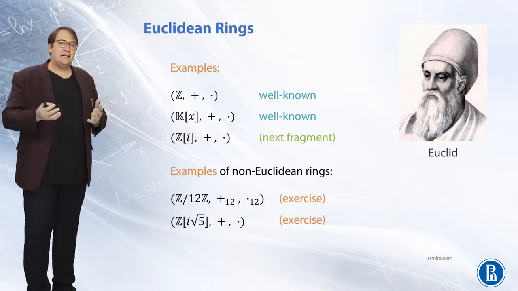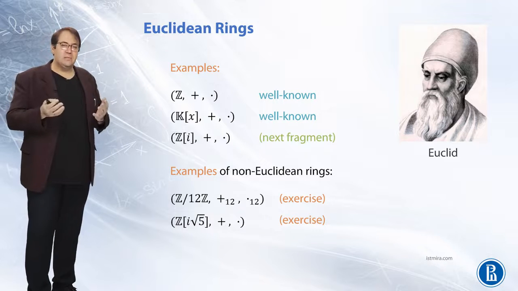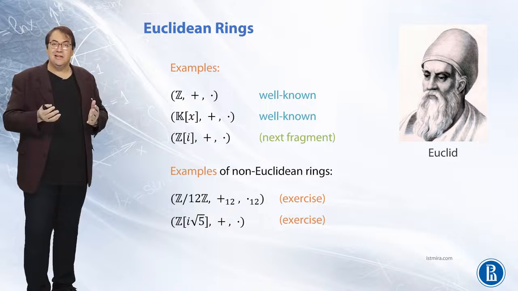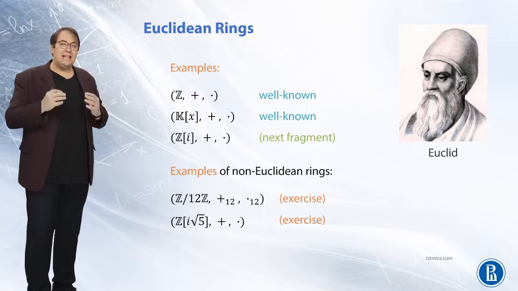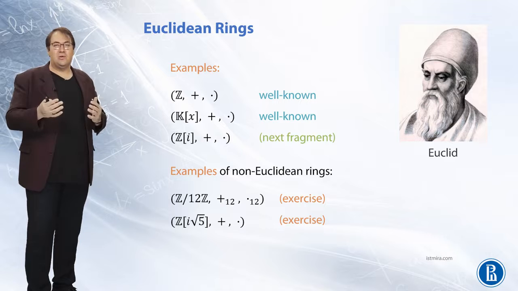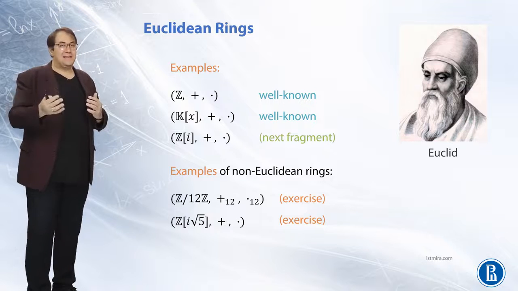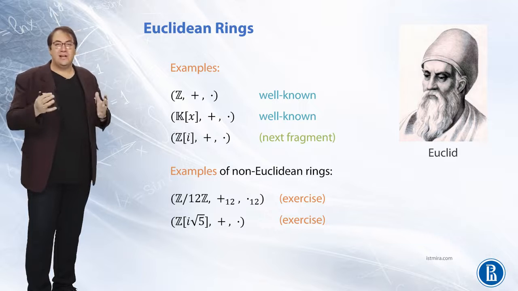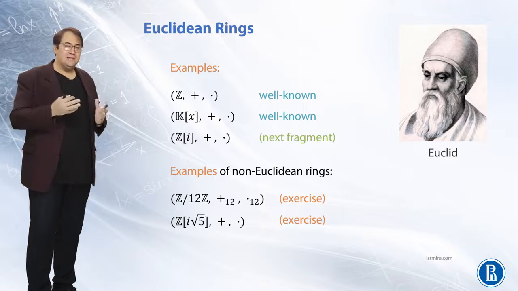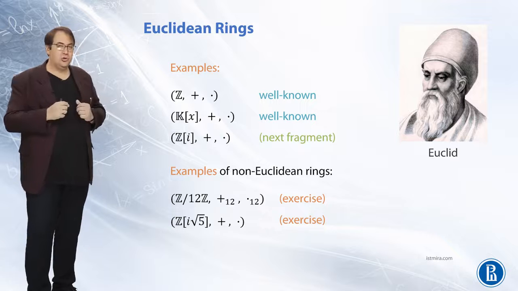And also I leave it as an exercise to prove that this ring is not Euclidean. However, this is a more difficult question, and maybe you should wait for the end of the next week in order to have enough facts and theorems that will help you prove that this ring is not Euclidean.